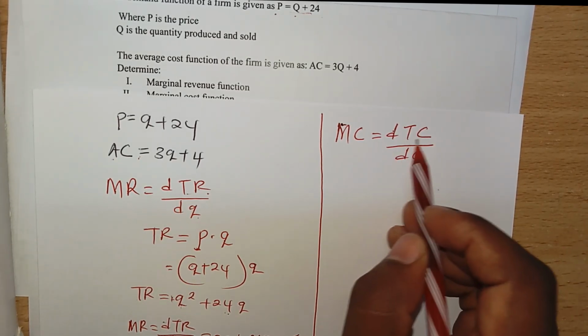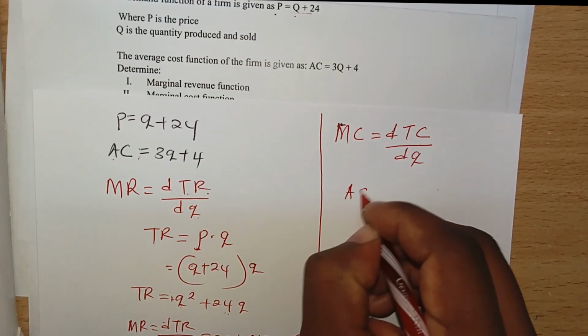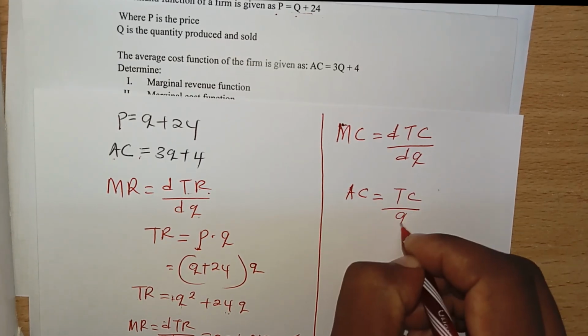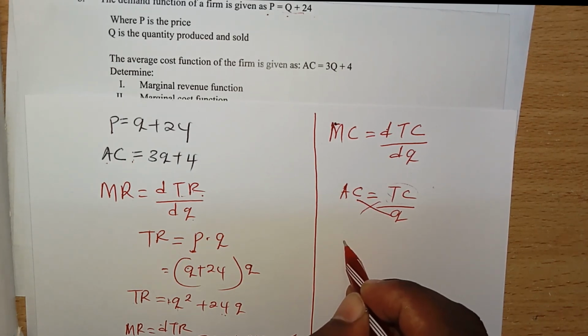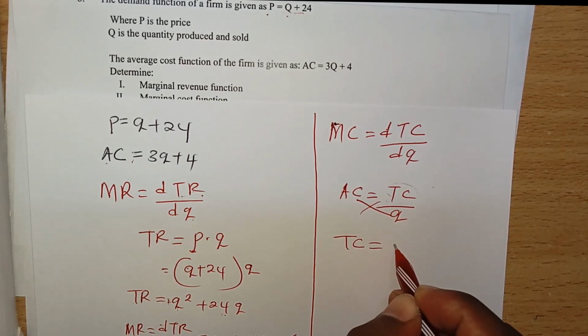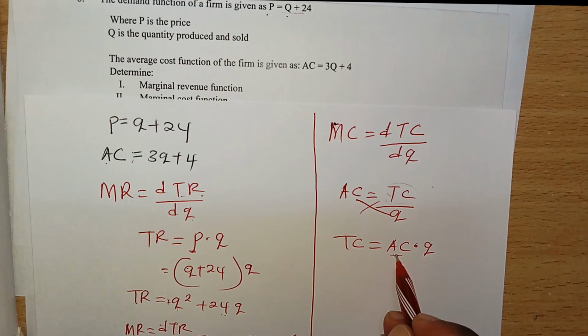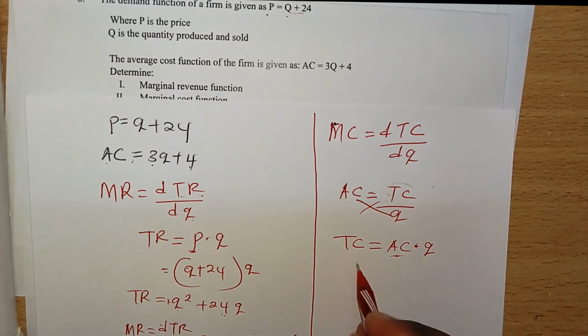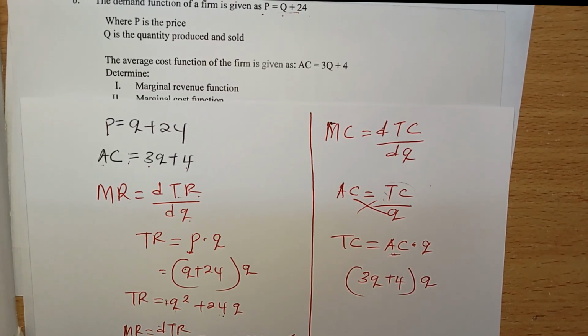To find the TC, we can say AC equals TC over Q. Because we want TC, you can cross multiply to get TC equals AC multiplied by Q. Because you have the AC function, which is 3Q plus 4, you can write it here as 3Q plus 4, then you multiply by Q. Once you open the bracket, you will get 3Q squared plus 4Q. So this is the TC function.